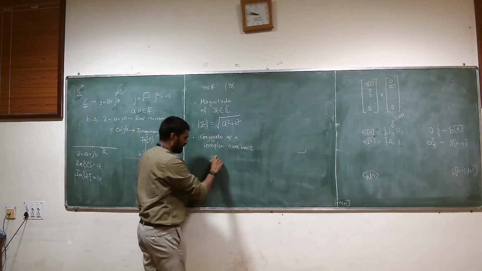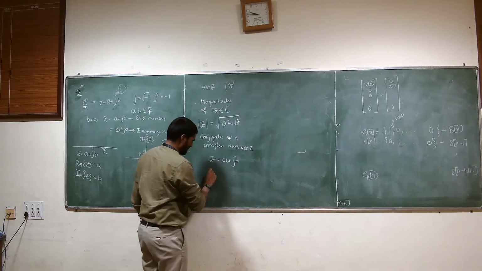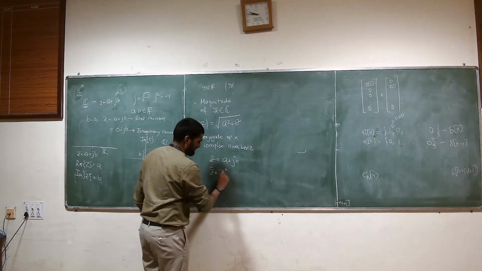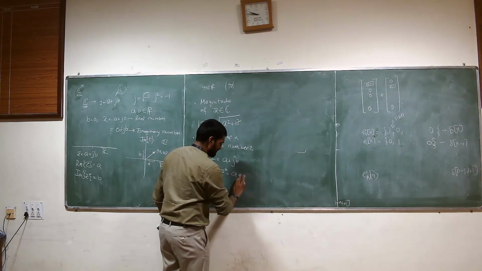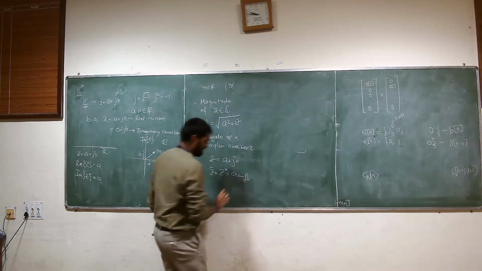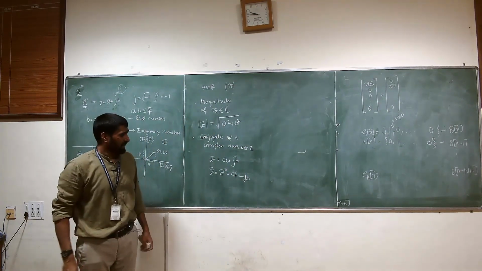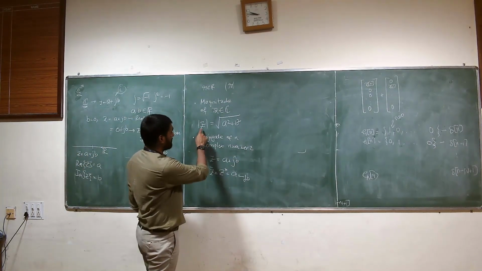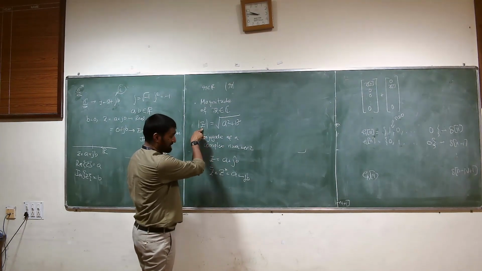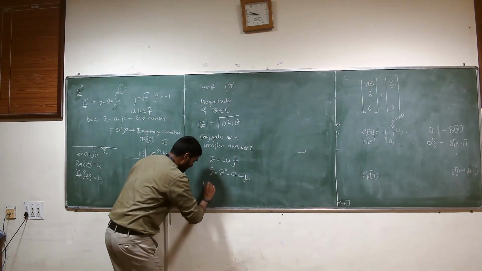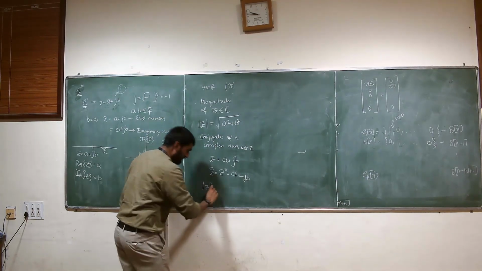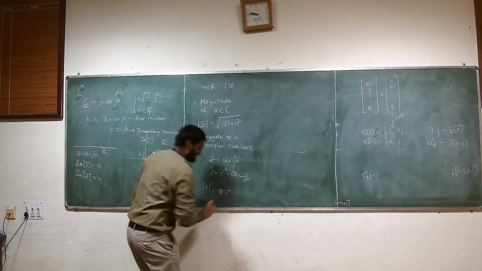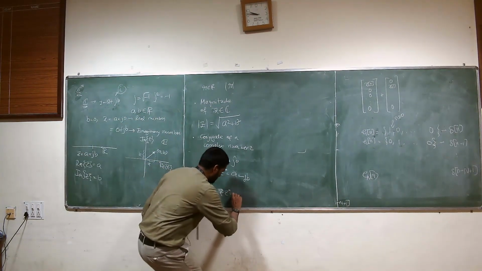If z is a plus jb, then z star or z bar is simply a minus jb; you negate the imaginary component. One reason this is useful is that the magnitude squared of a complex number is simply z multiplied by z star, or z bar, doesn't matter.